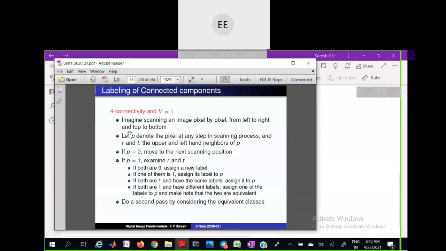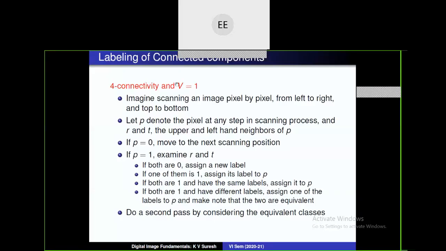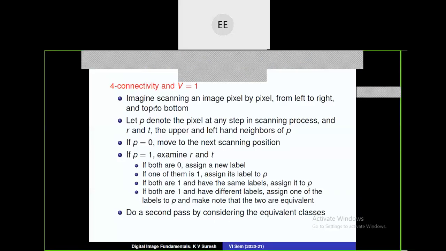Let me explain. It is just like an algorithm, and I want you to understand this algorithm because I am expecting you to implement this in the lab. It would be nice if it is implemented. So let us understand the algorithm. You will be given an image, and you are asked to label this image using some numbers. I will explain with an example later.